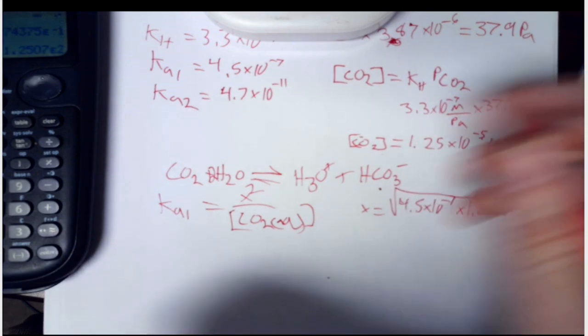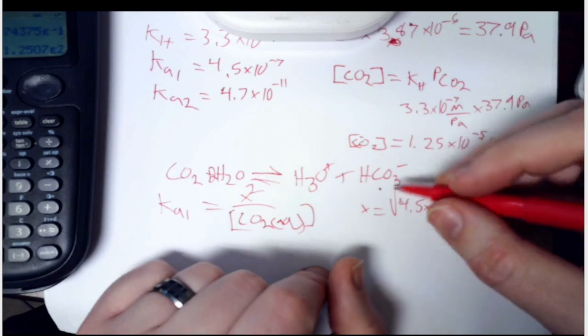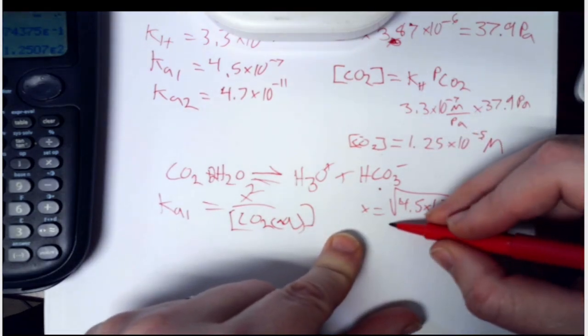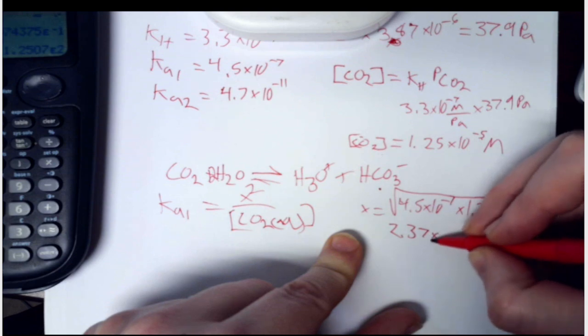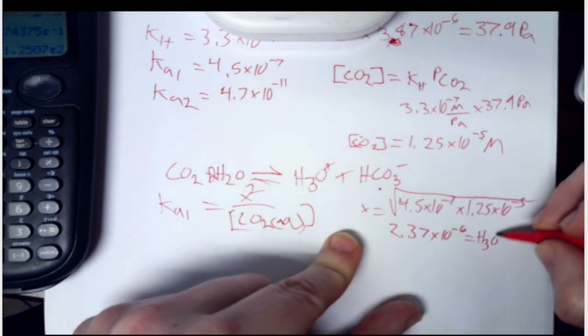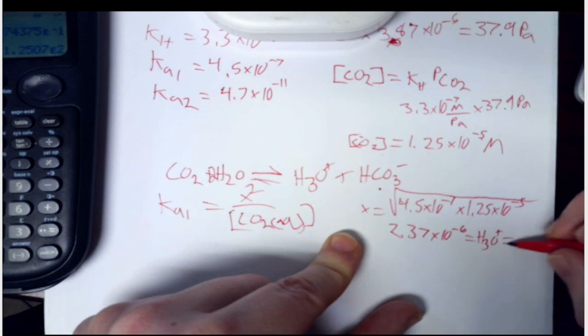You get x is 2.37 times 10 to the negative 6th, and this is equal to hydronium and hydrogen carbonate.